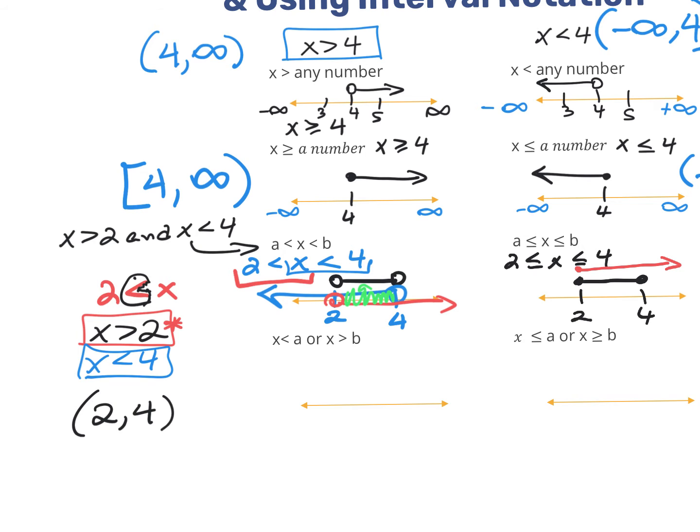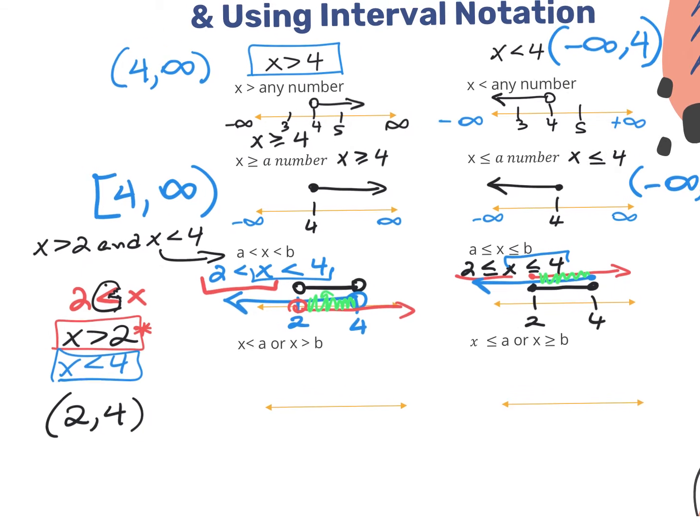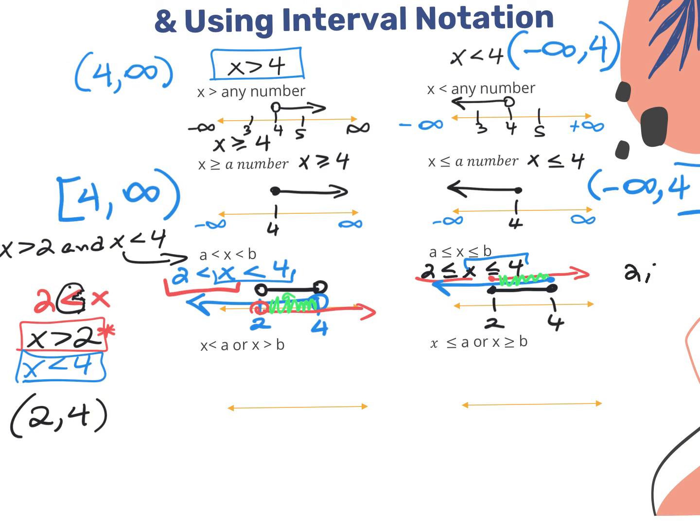And then for this part, this would be a closed circle on 4, pointing this way. And again, it's where you see both colors, which is the black. And again, interval notation, 2, 4, with brackets around them because it has the less than or equal to.